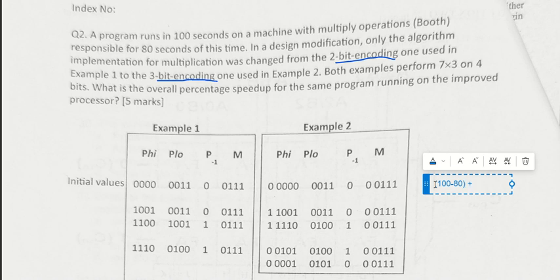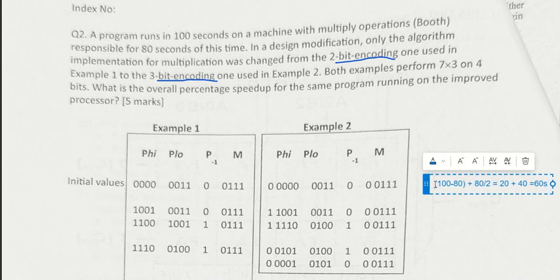But the 80 seconds of multiplication is being sped up, so we have to divide by the speed up factor, which gives 40. So 20 plus 40 is 60. So the new running time for this program will be 60 seconds instead of 100 seconds.